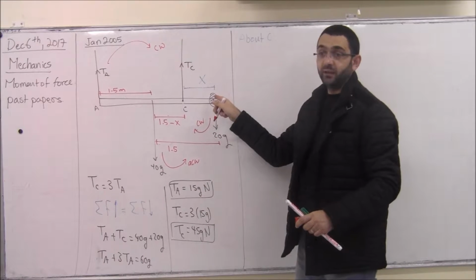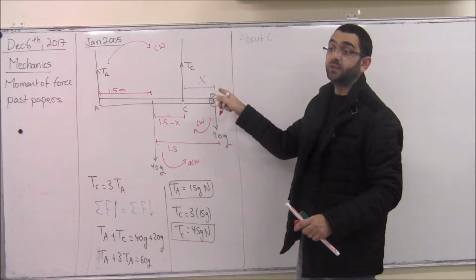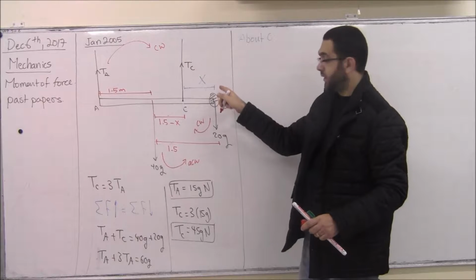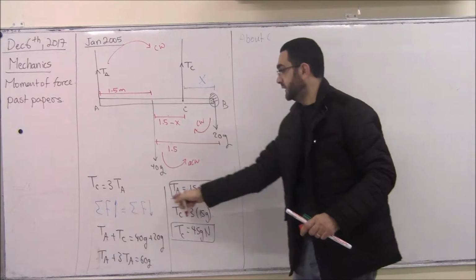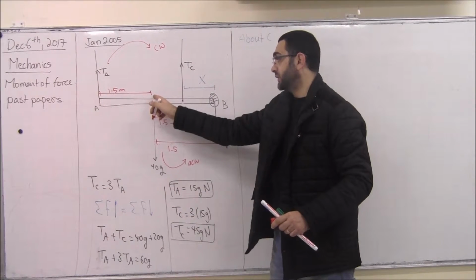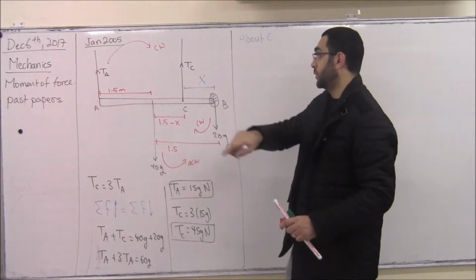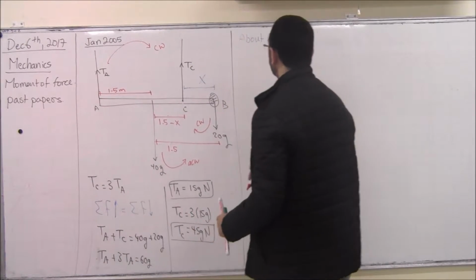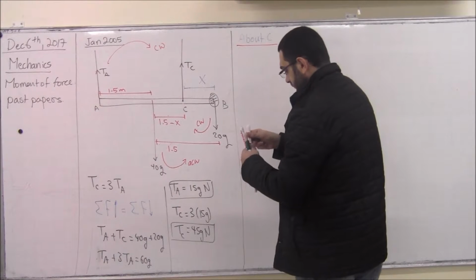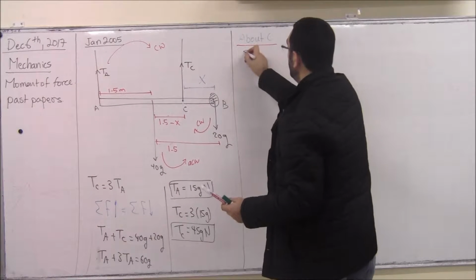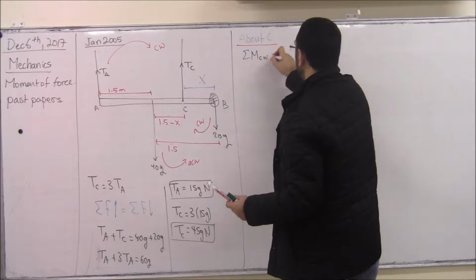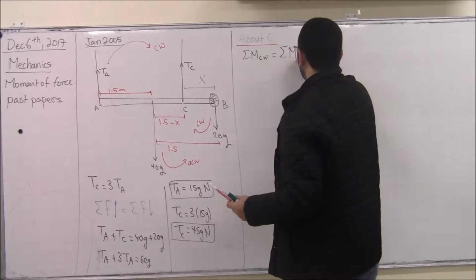Move your finger with the direction of the force about the point. With the direction of the force about C, clockwise. With the direction of force about C, anti-clockwise, and here, clockwise. Now, the sum of moments clockwise equals the sum of moments anti-clockwise.